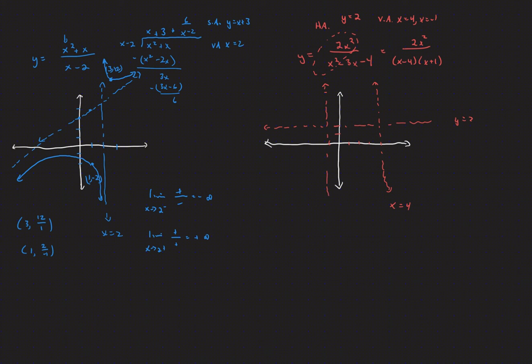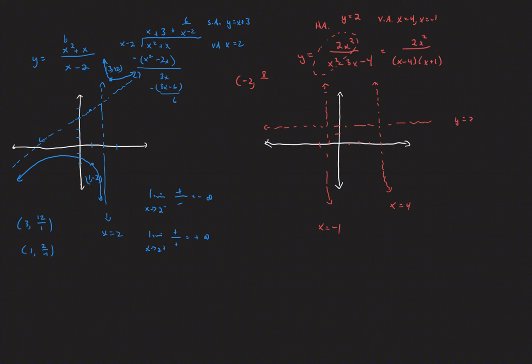So we're going to need to plot points, 3 different points. So if I put in something like, say, negative 2, then to get the y-coordinate, negative 2 squared is 4. 4 times 2 is 8, so the numerator is 8. I'm going to use the factored form. Negative 2 minus 4 is negative 6. Negative 2 plus 1 is negative 1.